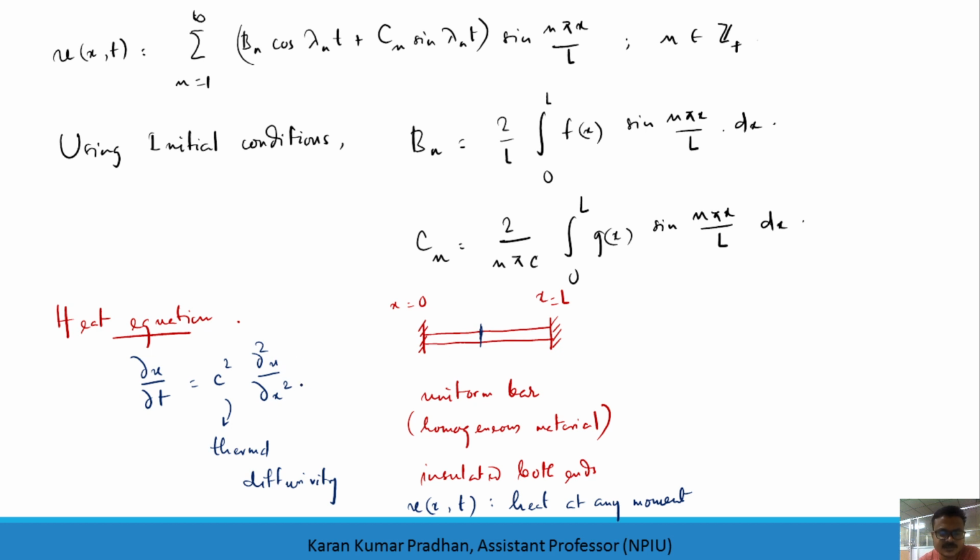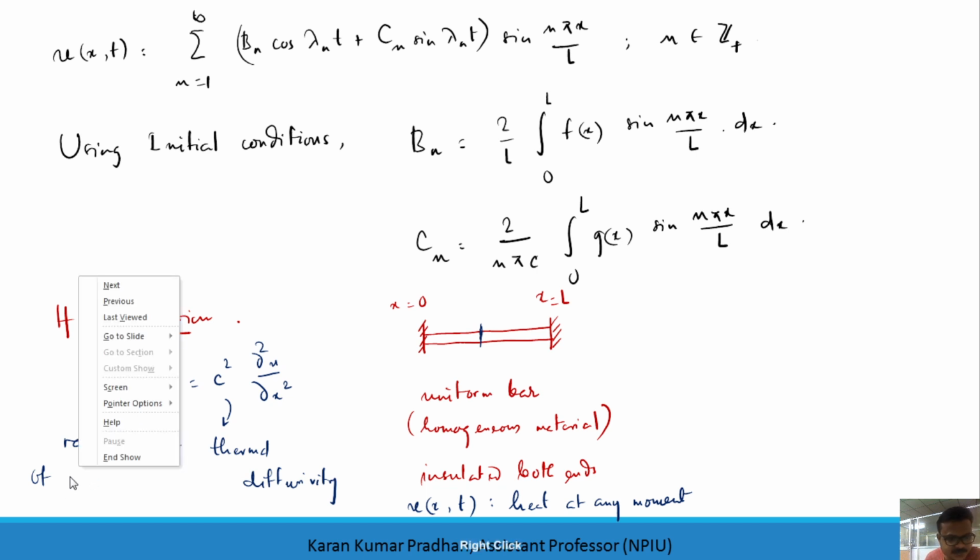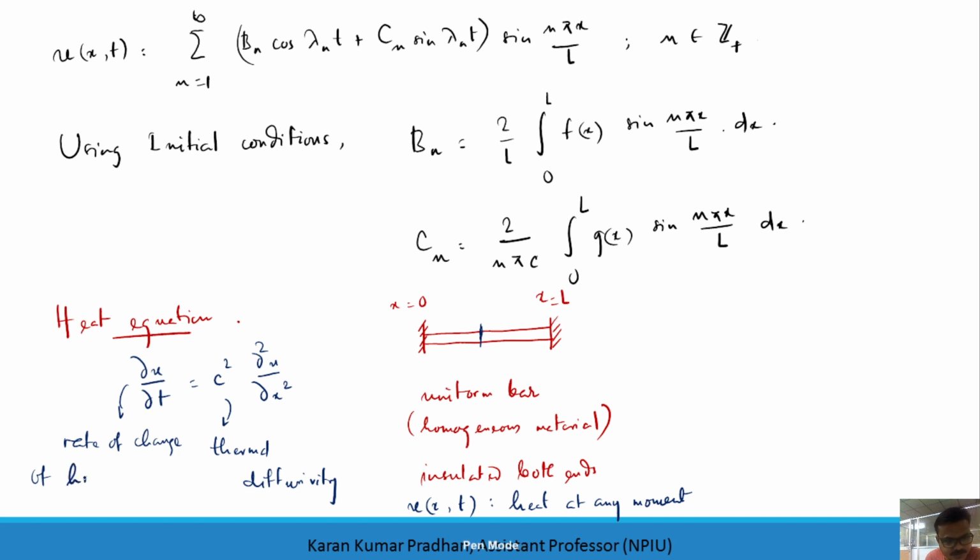The proper justification is not given anywhere, but it is probably found using the divergence theorem. Related to this heat equation, dou u by dou t is the rate of change with respect to time, or you can say the velocity of the temperature. So dou u by dou t is the rate of change of temperature or heat with respect to time.